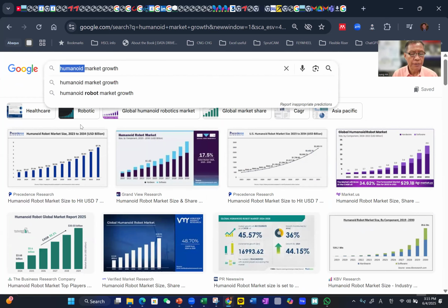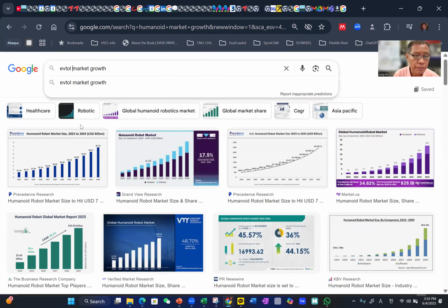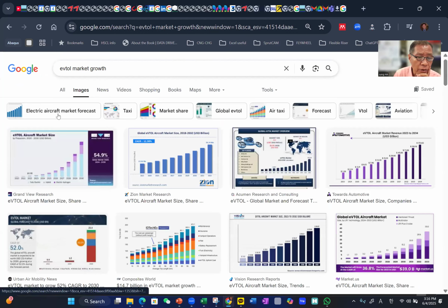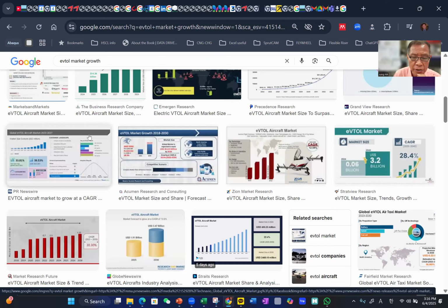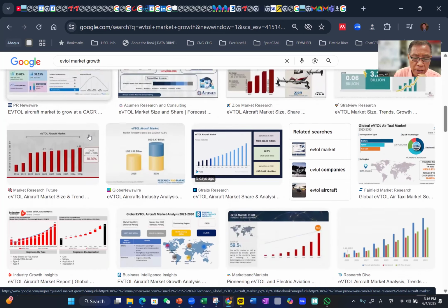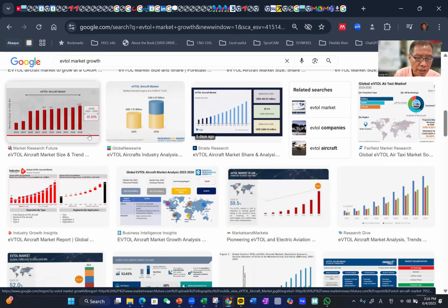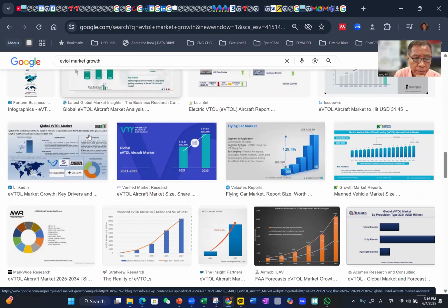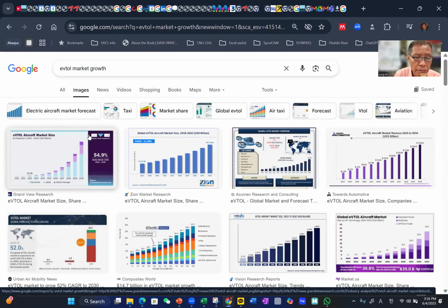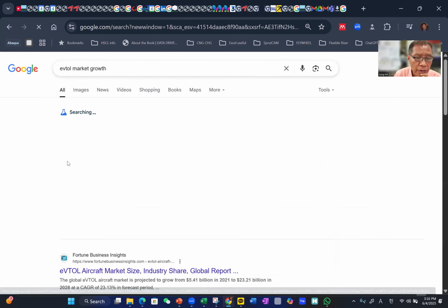Now, the second market and technology which we would like to focus on is the eVTOL. eVTOL is technology-wise mostly developed, but there are a lot of regulations and laws that have to be established for safety purposes.